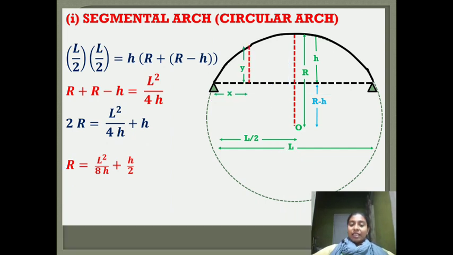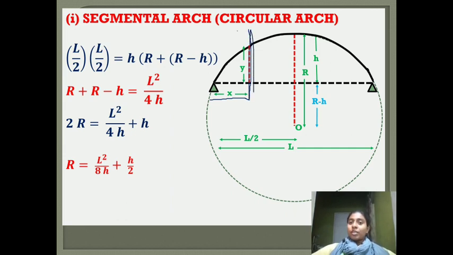Now, let us take any section at a distance x. So, x is the x coordinate, y is the y coordinate. So, we take a section at a distance x from the left support. So, this distance is x. When we are taking the section, this is the section.